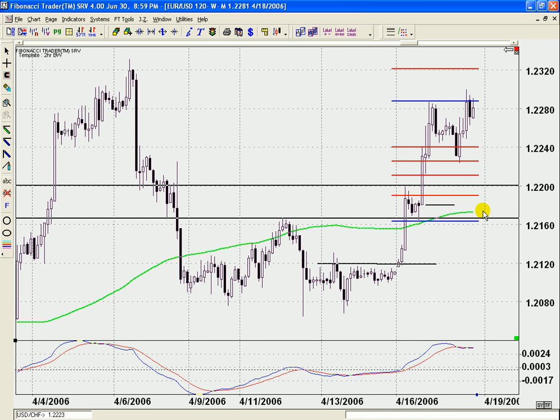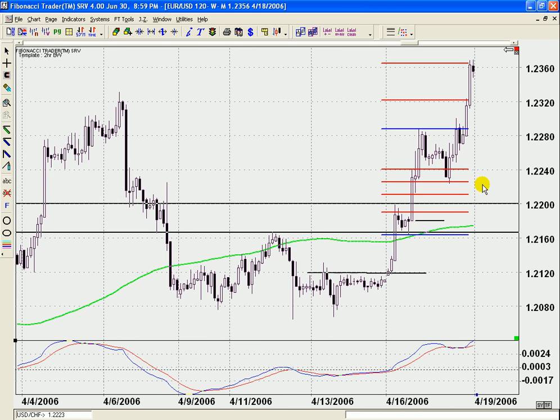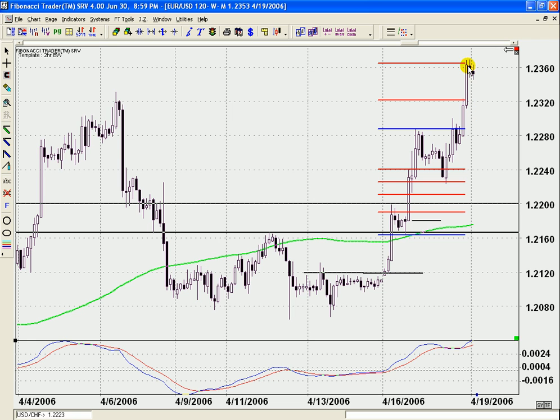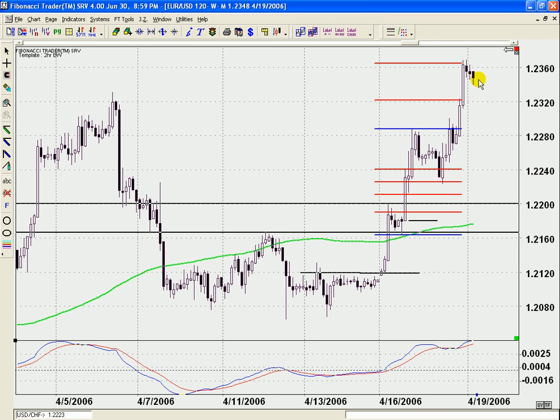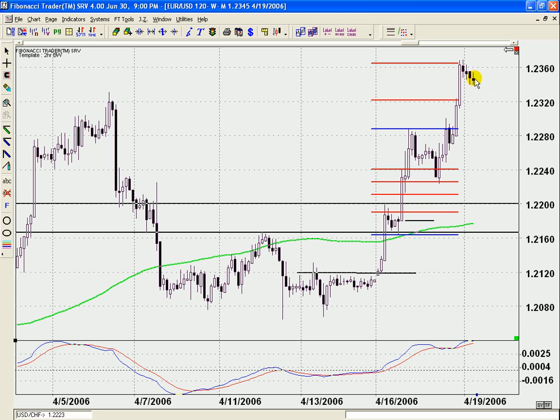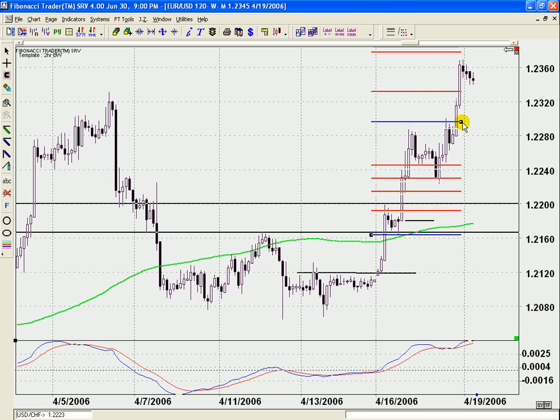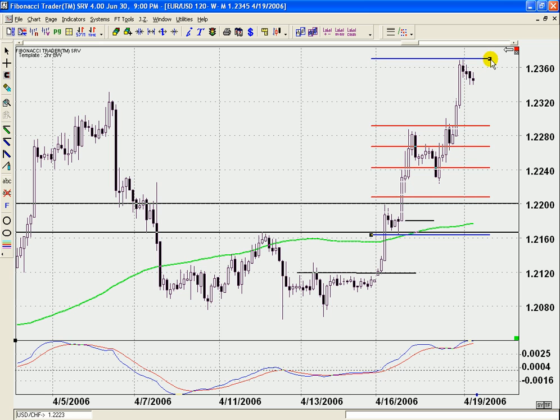Now should price continue to move up to the 162% extension, then what we would do is we would take our Fibonacci and we'd pull it up to the new swing. And there's two things we can do. Number one, we can leave it here at this high.